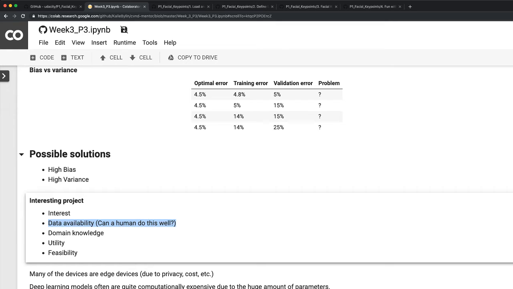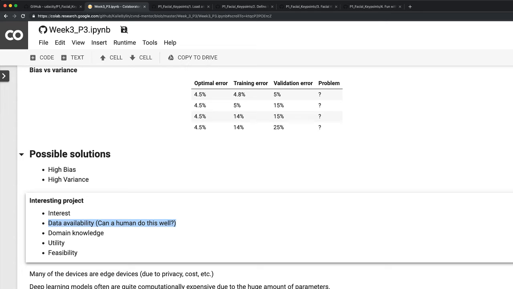Because, one, it's easier to obtain data from human labelers. They label the data for you. So if a human doesn't do this well at all, it gets hard to get the data to solve it with a supervised learning method.